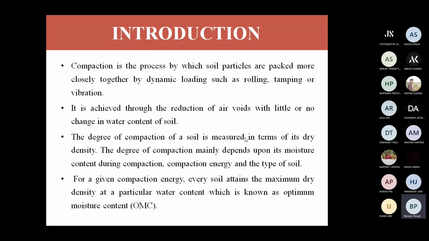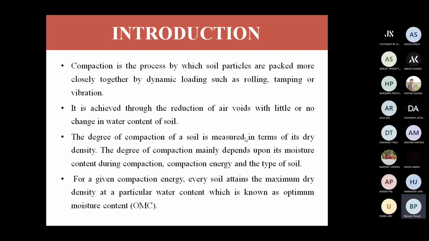So basically compaction is the process by which soil particles are packed more closely together by dynamic loading such as rolling, tamping or vibrations. In the last class I also covered some parts of settlements and dry density. So basically how does compaction occur?